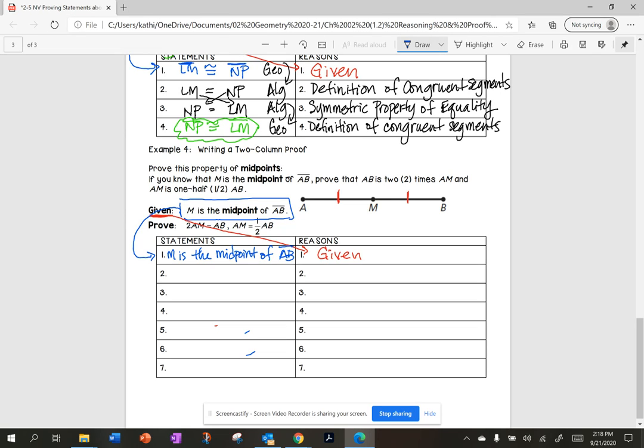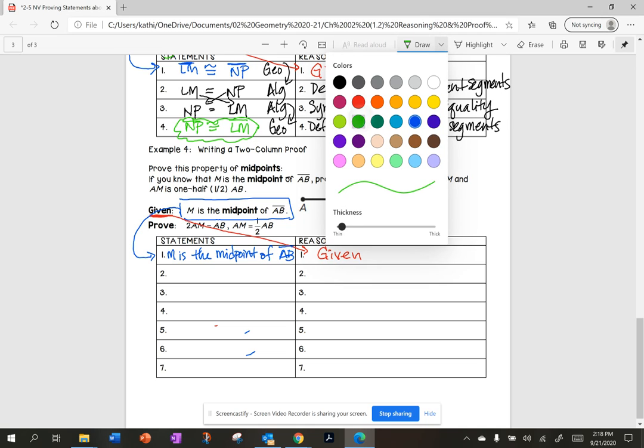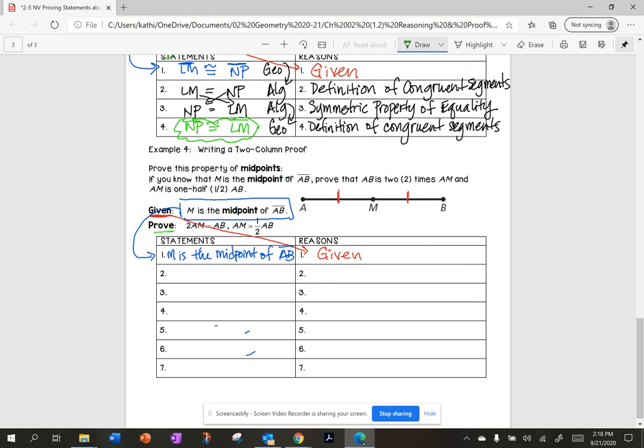And I am trying to prove, this is what I'm doing. I'm trying to prove two things. I'm trying to prove that 2AM, so I have to put each thing in its own statement. So 2AM equals AB.